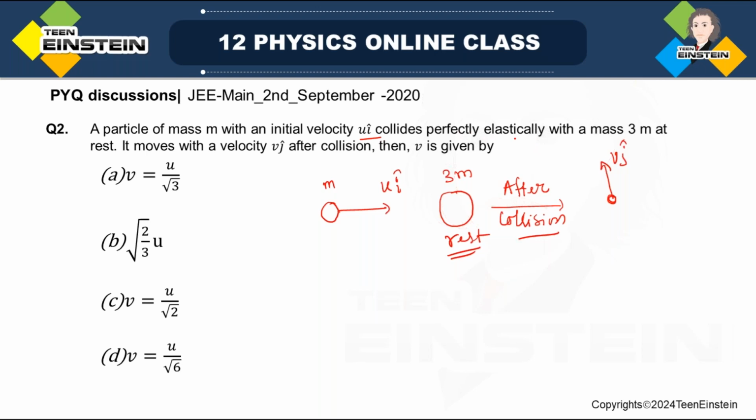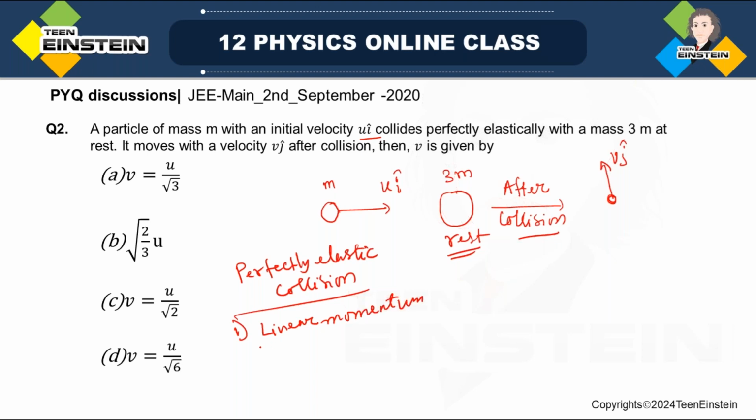So in a perfectly elastic collision, linear momentum is conserved, and second, kinetic energy is conserved.